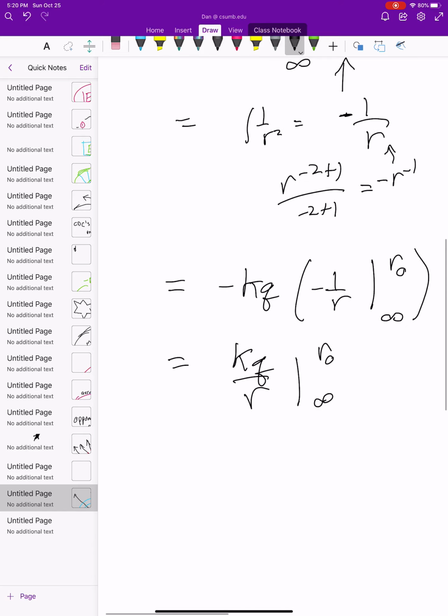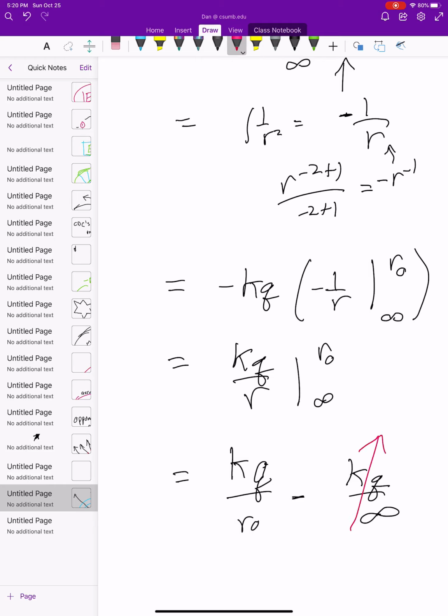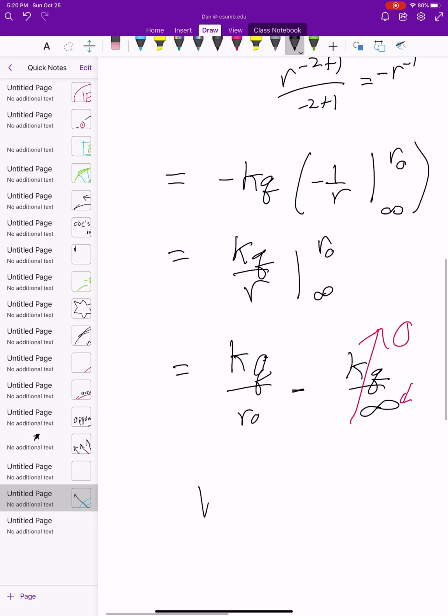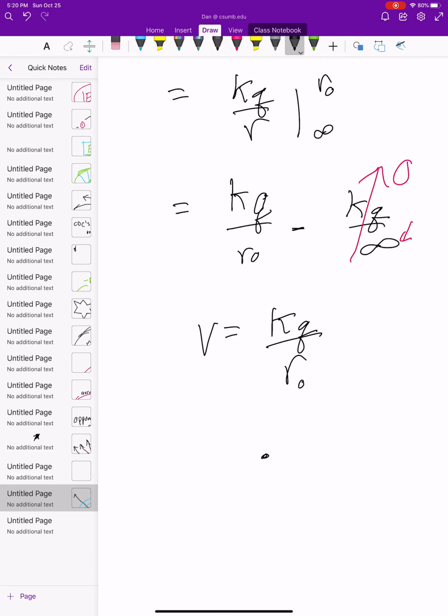So this becomes k times q divided by r0 minus k times q divided by infinity, which, you'd have to take a limit here to make this work right, but this essentially becomes 0, because whenever you divide by a big number, you get 0. So the answer for my potential at some distance away from a charge is that it's equal to k times q divided by the distance between the charge and the point we're interested in. That's the value of my potential at that point.